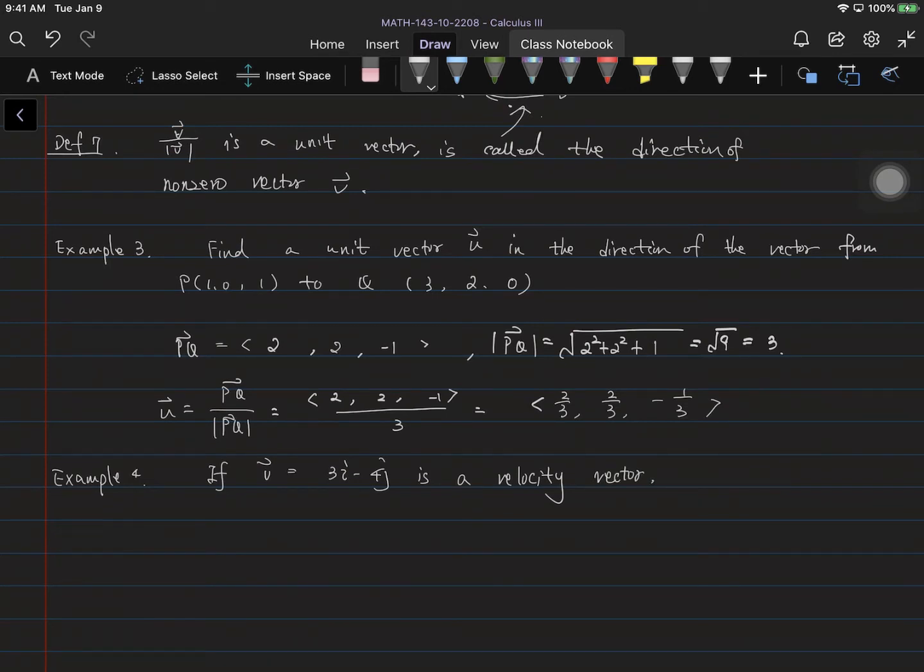And we want to express the v vector as a product of the direction and speed. It's speed times a unit vector in the direction of motion.